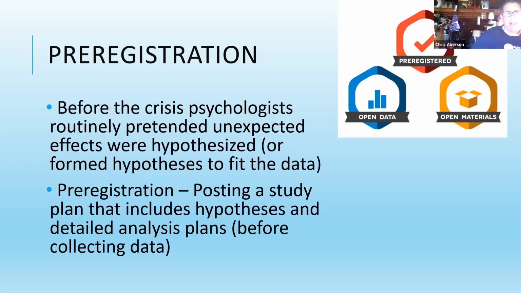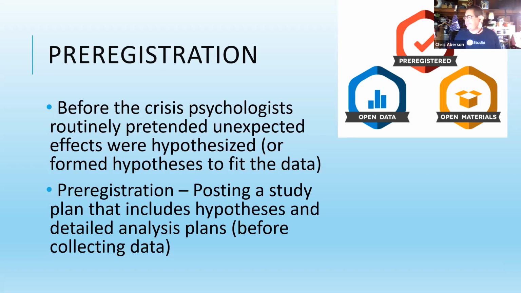Pre-registration. Pre-registration I see as one of the real great advances. Before the reproducibility crisis, psychologists routinely pretended unexpected effects were hypothesized, or they formed hypotheses to fit their data, what's been called HARKing, or hypothesizing after the results are known. This was a common practice, and quite honestly, I was trained to do work that way. You've got the data, and then you created the best story to explain the data, and that was considered normative.